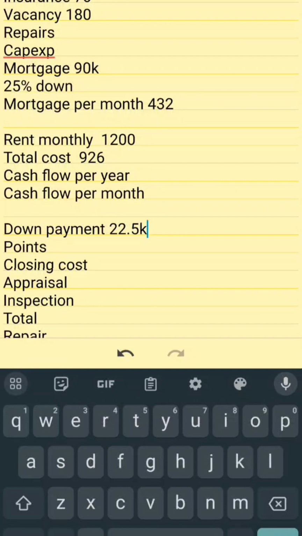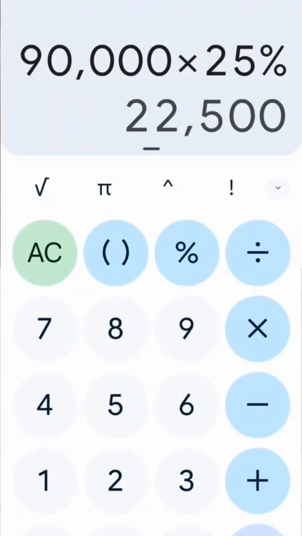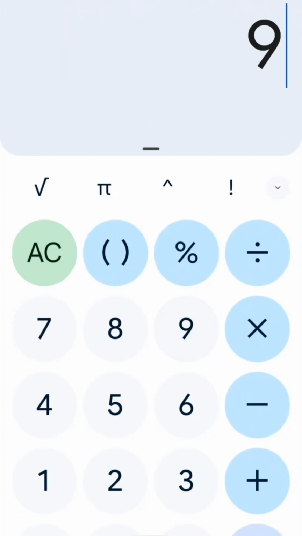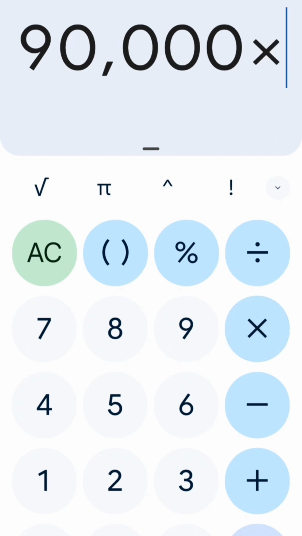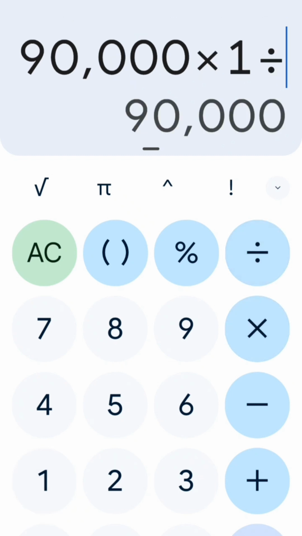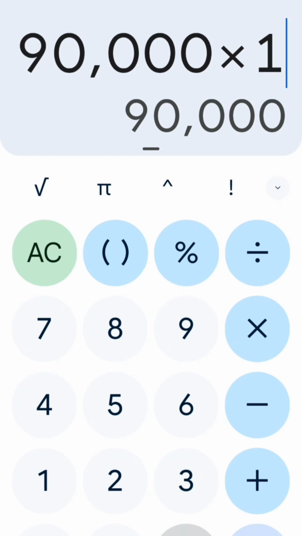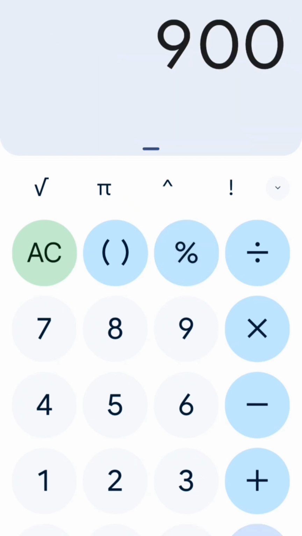As we spoke about earlier, in order to get the 6.625% interest rate, we are forced to pay points. So 1 point is 1% of the loan. So we're going to go back into our calculator. We're going to take 90K, multiply that by 1%, and that's going to give us $900.